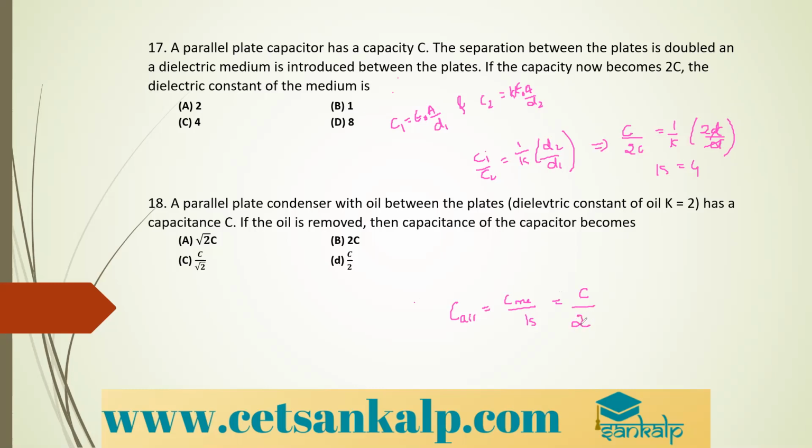Therefore, C by 2 is the correct option, that is option D. We only need to remember the key formula which we have used so that we can simplify directly.